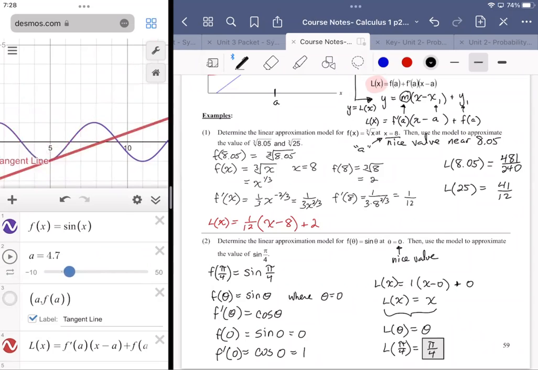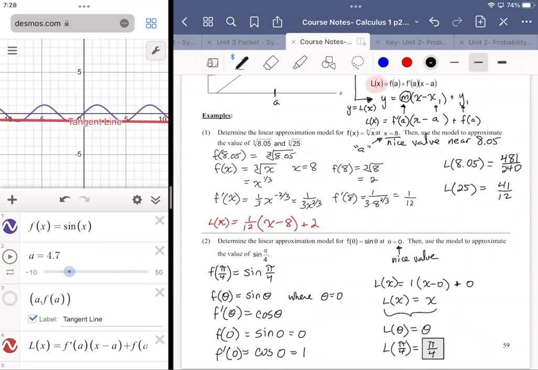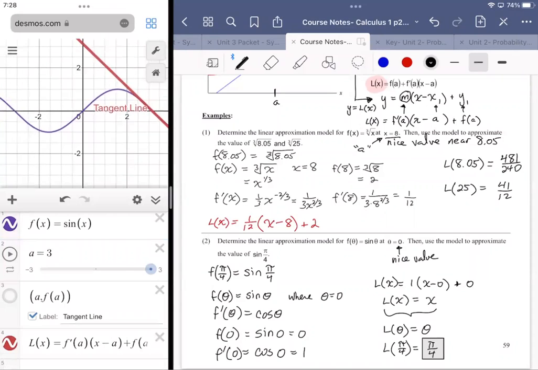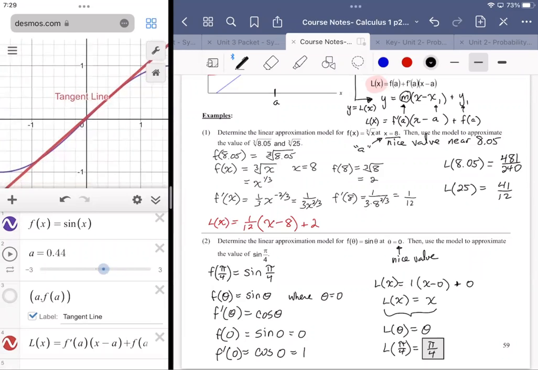linearization model has an expiration date, a very quick one, because after you get a little bit away, and let me go from -3 to 3, just so I'm not scrolling all over the place here. After you get a little bit away from 0, so I'm right at 0 now, that tangent line starts looking awfully different from most of the points along the graph, right? Along this stretch here, there's a significant amount of overlap, right?